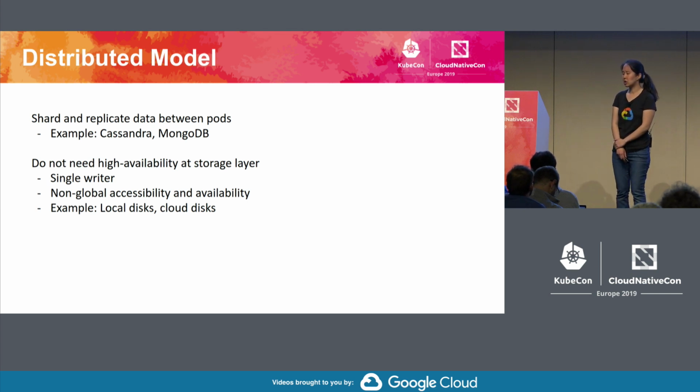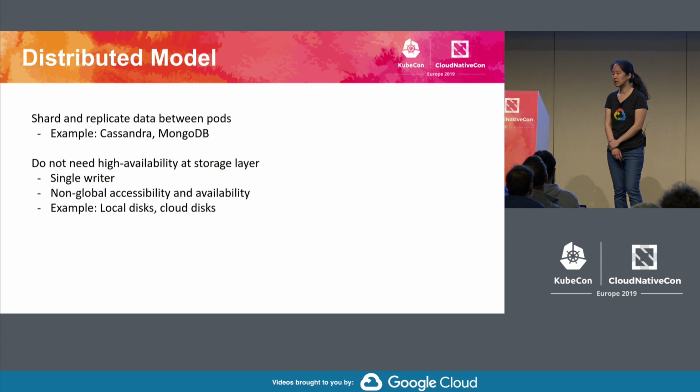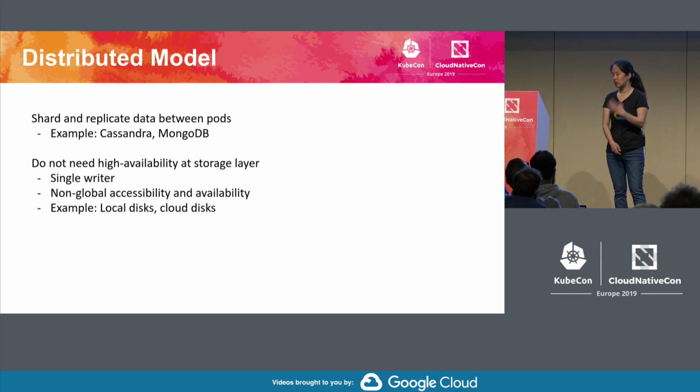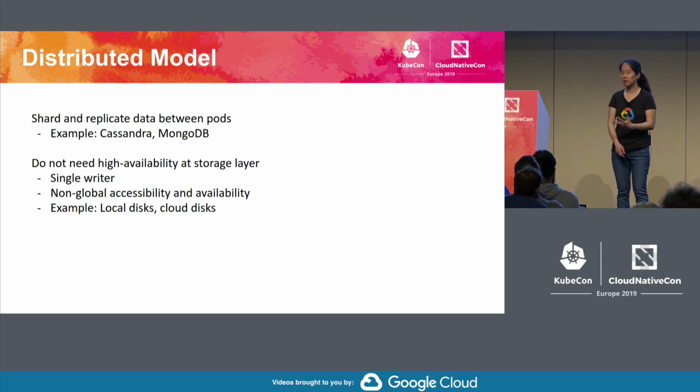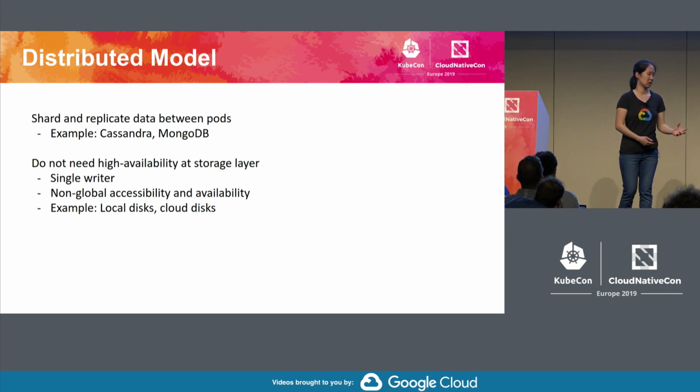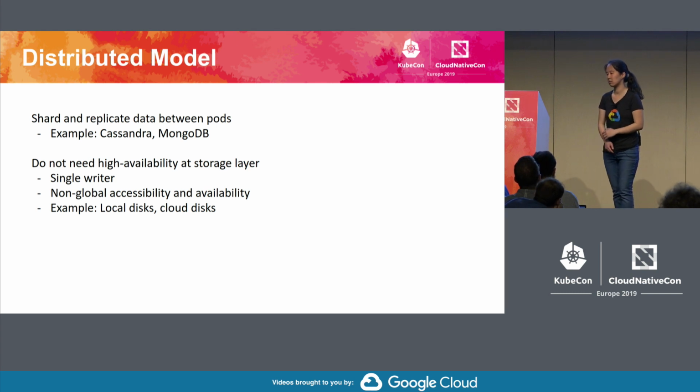And these applications do not need high availability at the storage layer because they've already built it in to the application layer. So the single writer volumes are great for these. They don't have to be globally accessible or available. So you can choose potentially cheaper and more performant options such as local disks or cloud disks for these types of applications.